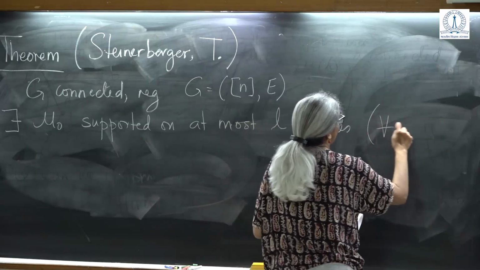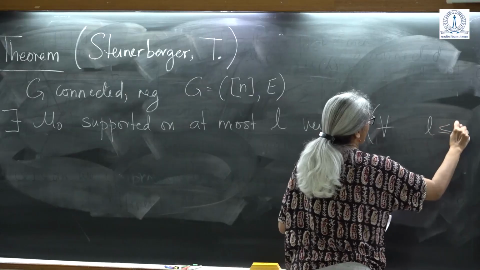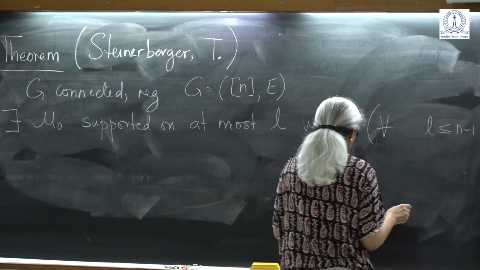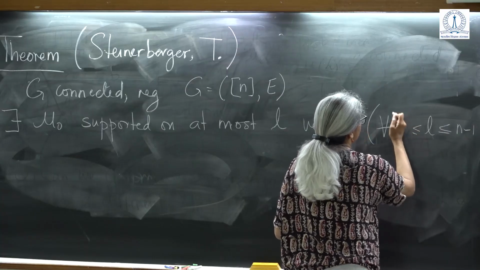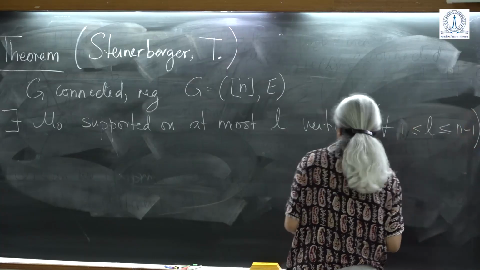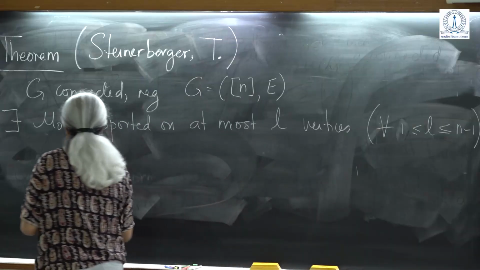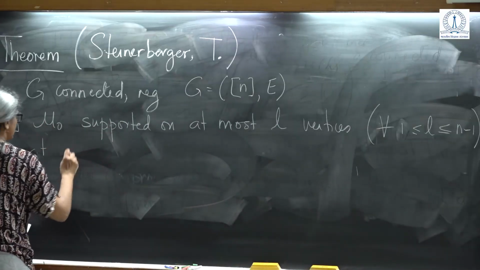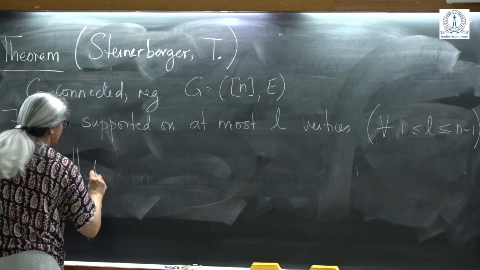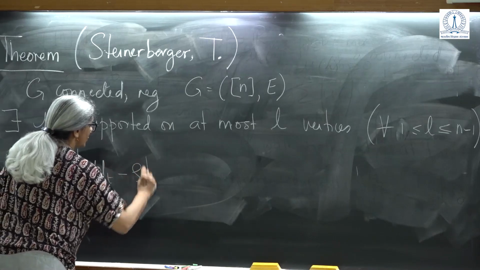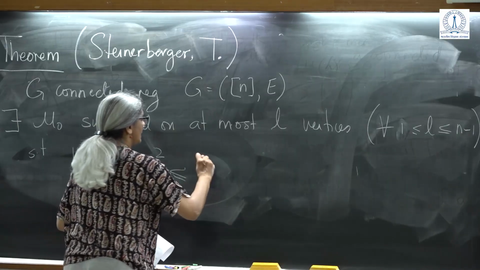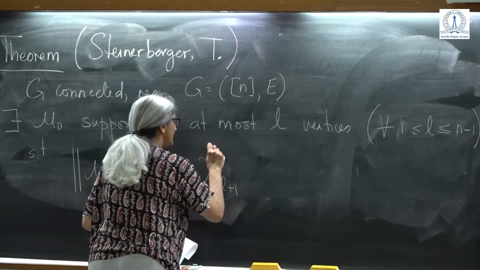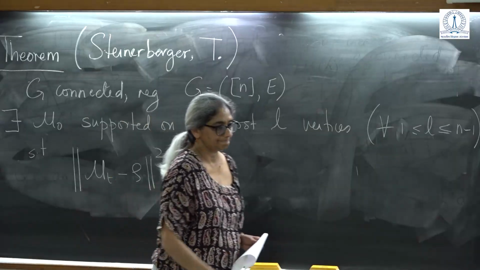This is for every L between n minus 1 and 2, I guess, because even 1, I guess. Okay. Such that the same difference, mu t minus rho squared, is less or equal to lambda L plus 1 to the 2t.